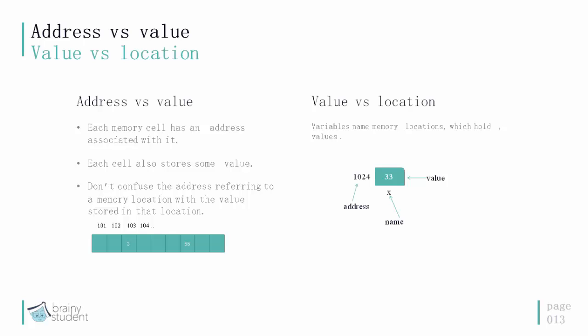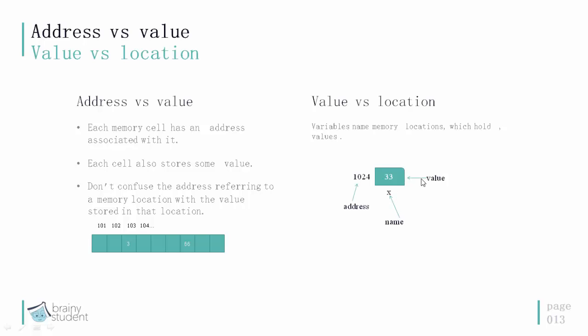Fine. Value versus location. Now, a variable name and the memory location which holds the value is our location. Let us suppose this is a memory cell. If I define int x, my compiler will give 2 bytes for this x. So let us suppose this is my 2-byte memory cell and x is my variable name.